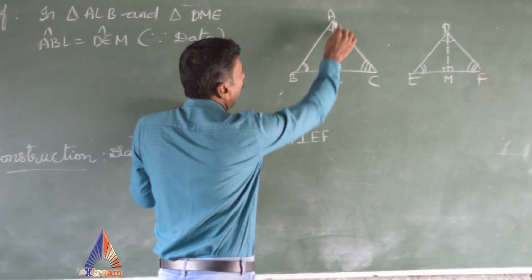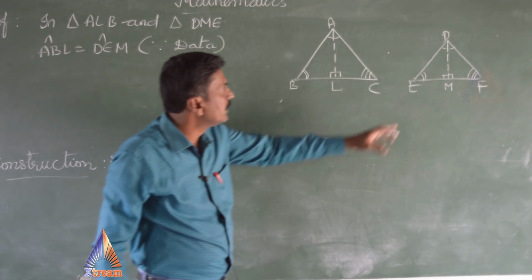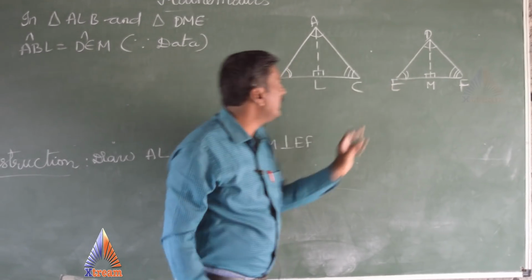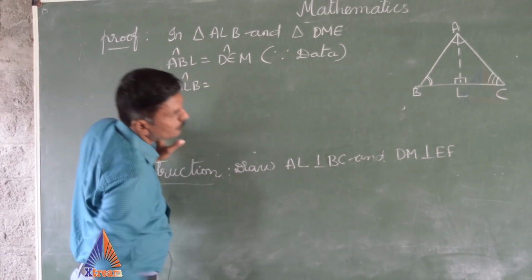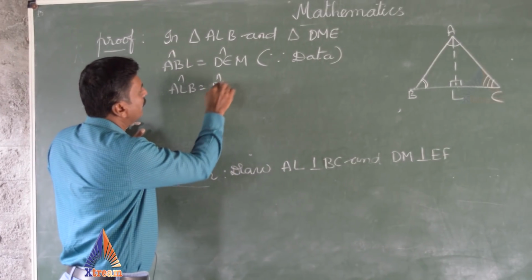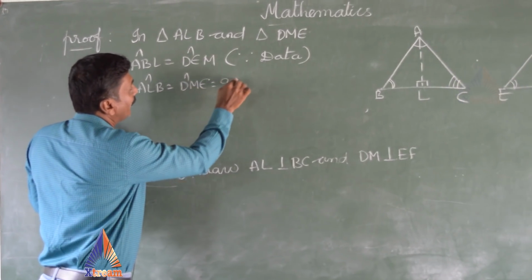Secondly, angle ALB is equal to angle DME. Angle ALB is equal to angle DME is equal to 90 degree.